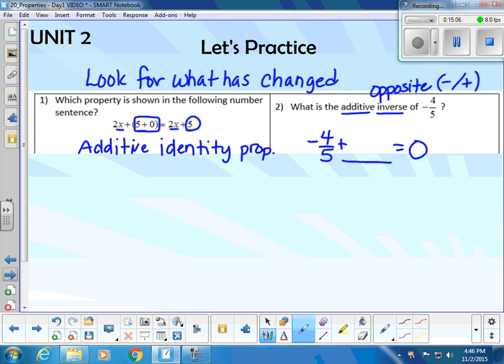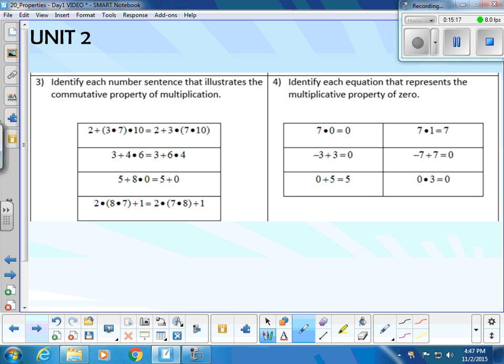If it's a negative, I'm going to take the same number and just add a positive. So my additive inverse is a positive 4/5. Another example, number 3. Identify each number sentence that illustrates the commutative property of multiplication. So you're looking for the commutative, which means changing the order.